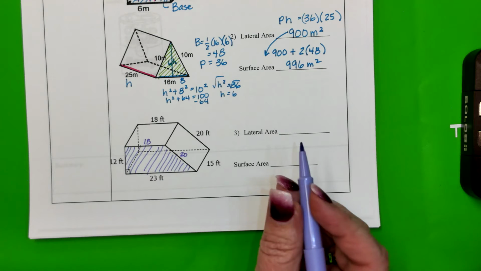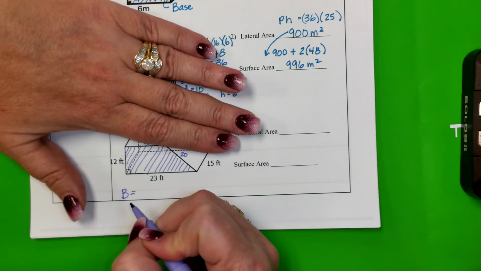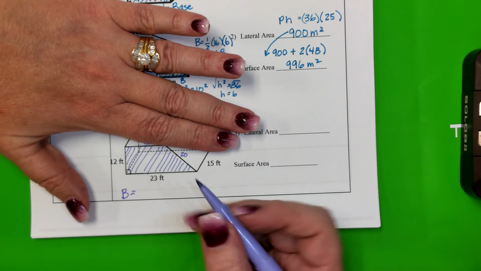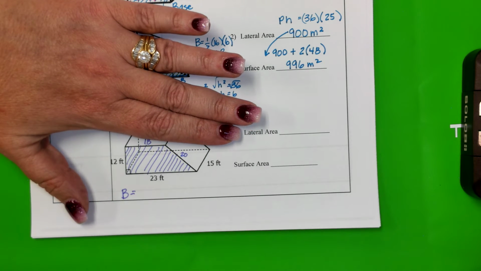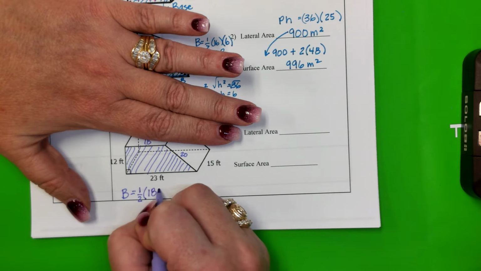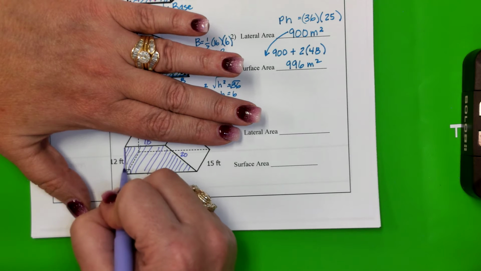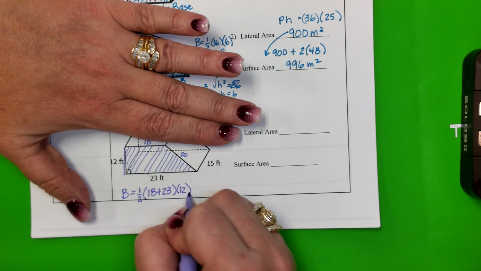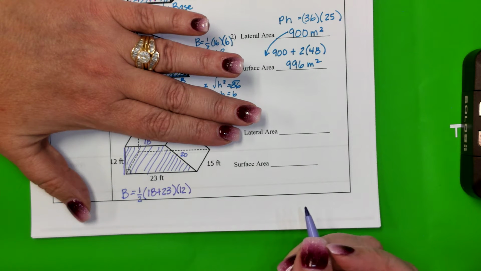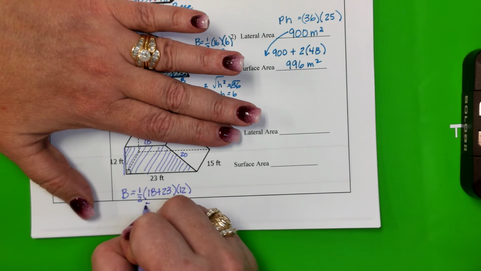So I'm going to find the area of the base. The area of a trapezoid. Ignore the rest of the shape, just the area of the trapezoid. Remember, the area of a trapezoid is 1/2 base 1 plus base 2 times the height of the trapezoid, which is 12. So 18 plus 23 times 12, and then divide by 2 is 246.